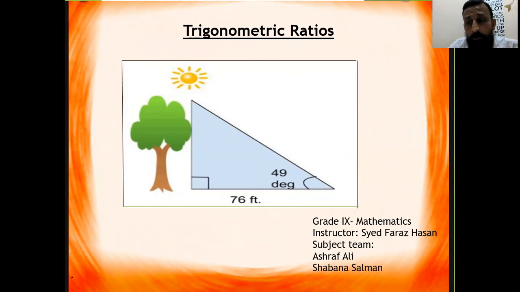What we have discussed so far, my dear students, we have discussed right angle triangles, and we apply the SOHCAHTOA techniques to find out the unknown sides and angles in the right angle triangle.